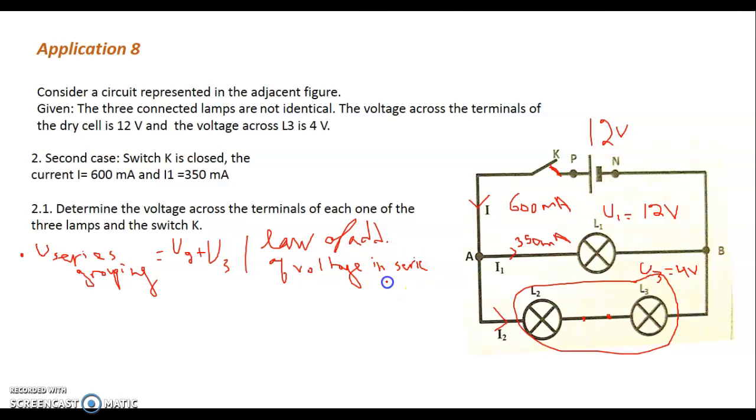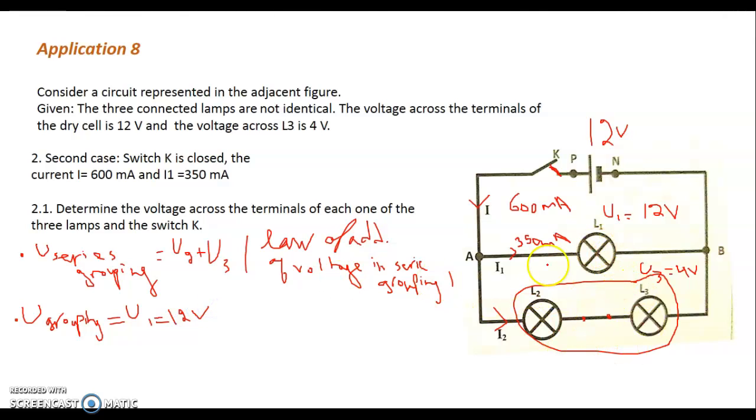Now as a grouping, it is parallel to L1. So in the other step we write U for the grouping, I'm going to abbreviate it here instead of writing series, but you have to write it completely. U grouping is equal to U1, which equals 12 volts. Due to what?